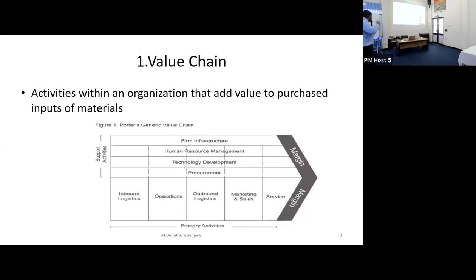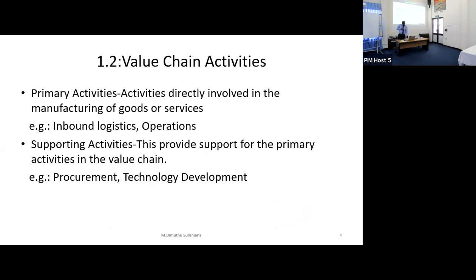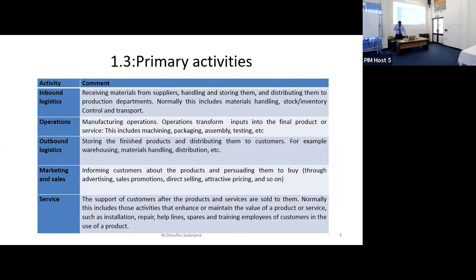Right. Now, in relation to a business entity, for manufacturing organizations, you can identify five primary activities. These are the five primary activities.